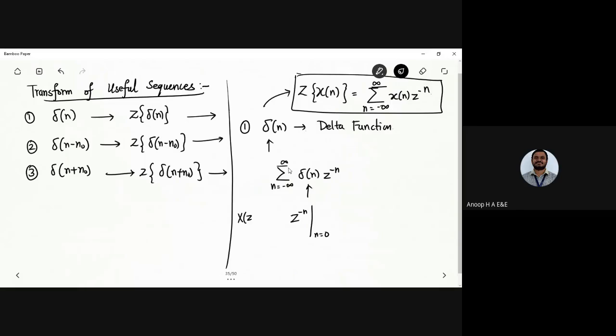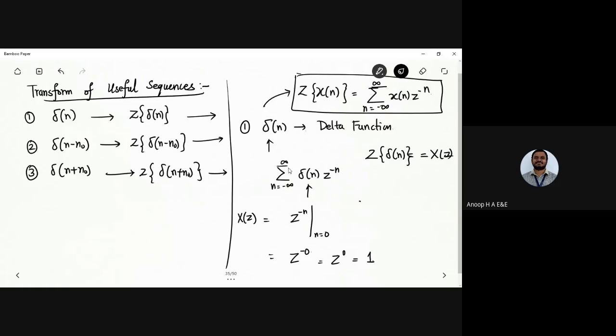So the z transform of delta of n would be equal to x of z, that is z power minus 0, which I can write as z power 0, which is equal to 1.